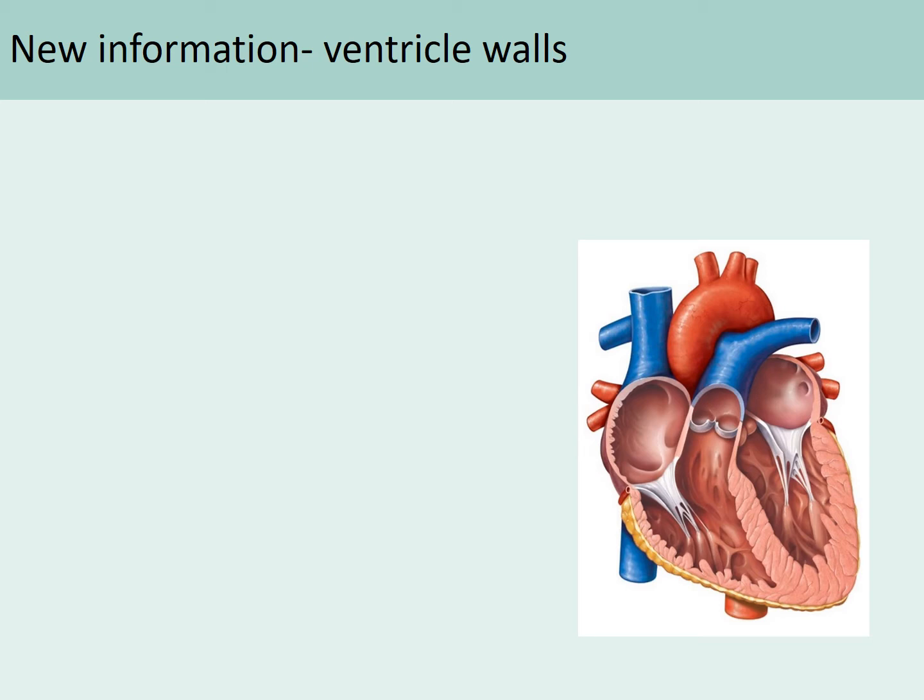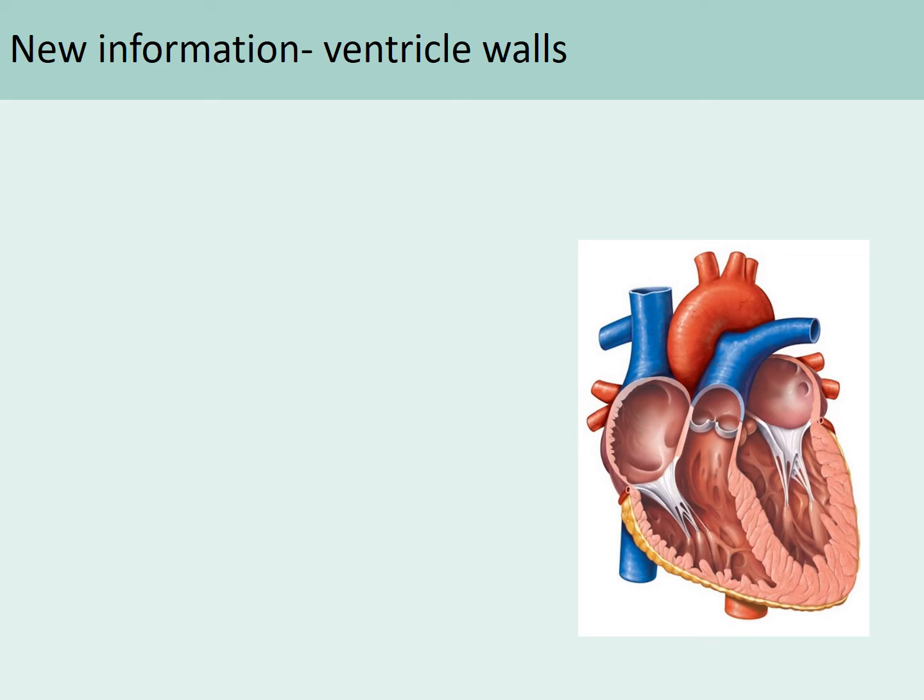Okay, so a little bit more new information for you. We're going to be looking at the walls of the heart. So looking at the picture of the heart, you've got the left-hand side, which is the right as you're looking at it, and you've got the right-hand side of the heart, which is the left as you're looking at it. Do you notice a difference between the walls of the ventricles, between those 2 sides?